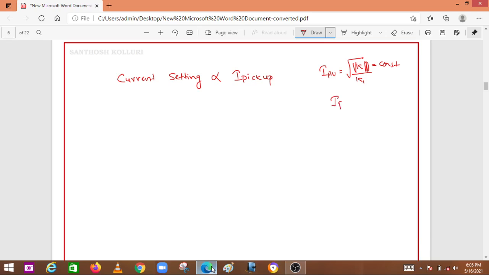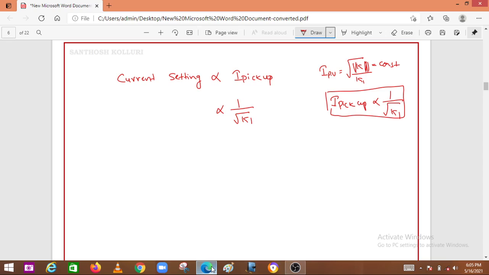So I pickup current is inversely proportional to under root of K1. So here you can apply this one: current setting is directly proportional to pickup current, which is inversely proportional to the overcurrent component K1. So to adjust the current setting, you have to adjust the pickup current. That's the meaning here.